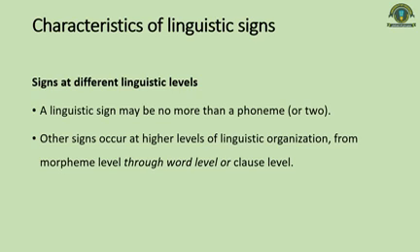But these have no grammatical status, no contrastive value. However, students, the intuitions of native speakers leave no doubt that they should receive some recognition. And other signs occur at a higher level of linguistic organization, from the morpheme level, for example the Z sound in dogs, then the word level, for example denationalization, then the clause level.